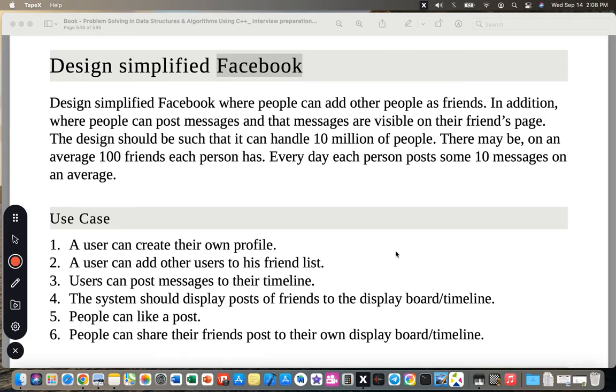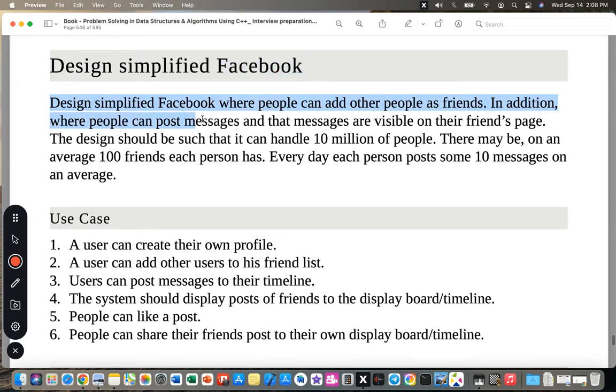During an interview, the company that you are trying to work with asks you to design a simplified Facebook. They give you this question: design a simplified Facebook where people can add other people as friends, and in addition, where people can post messages and those messages are visible on their friends' pages.